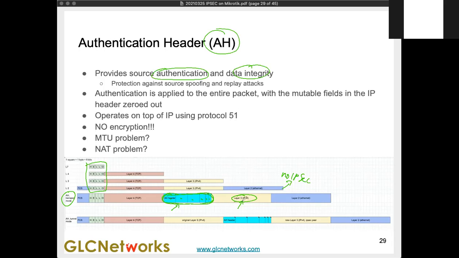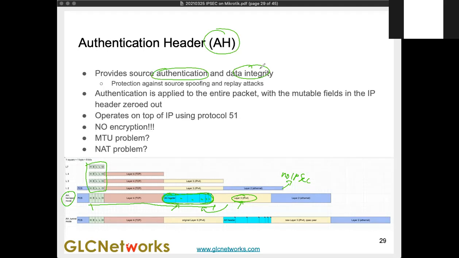So this is IP, and here is the AH header. It will check the IP address to make sure the data is authenticated and nothing is changed. It uses a hash algorithm to make sure the data is not changed.